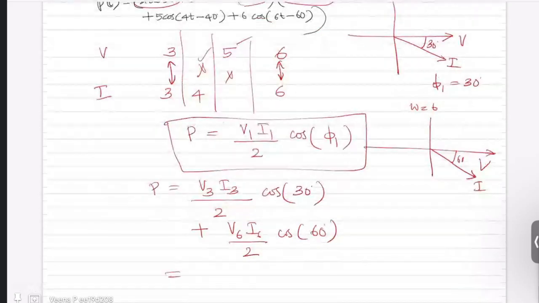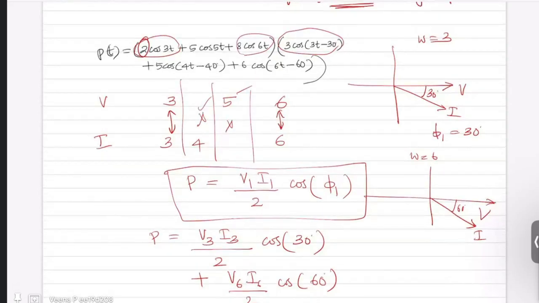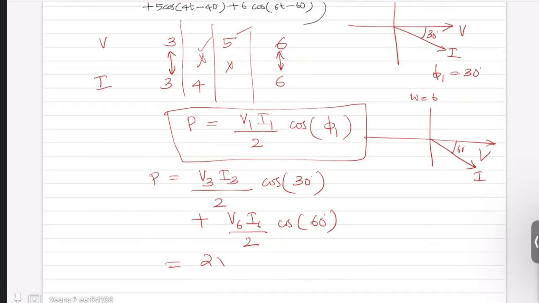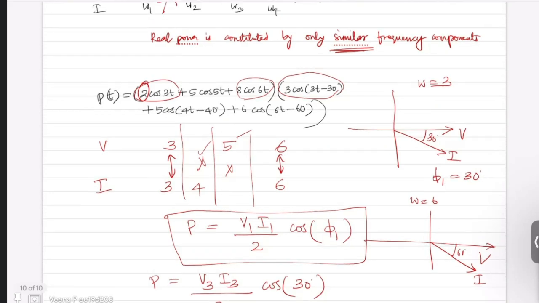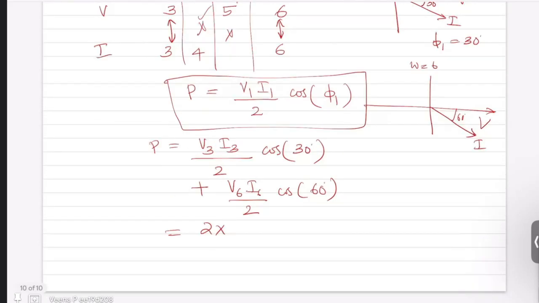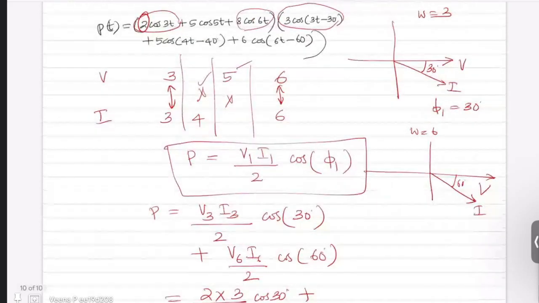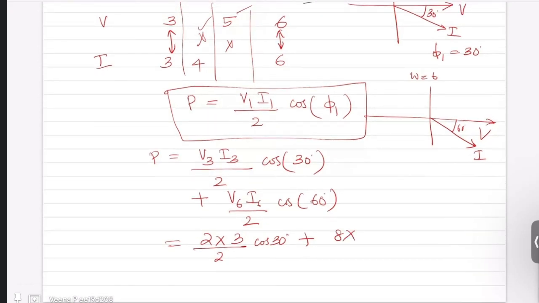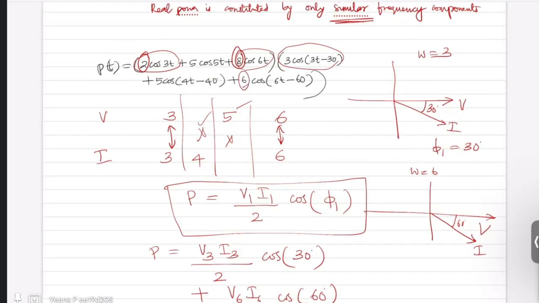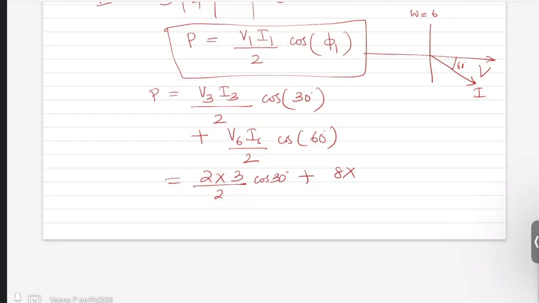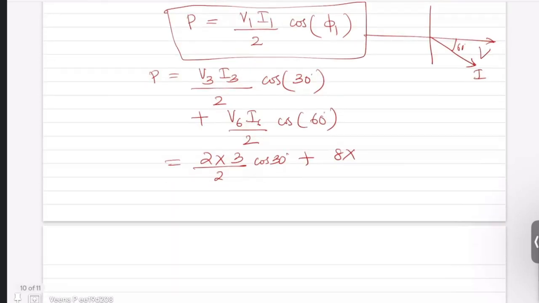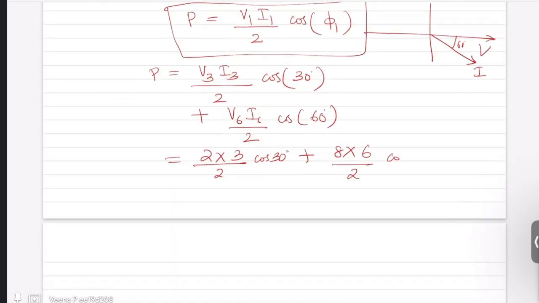Now what is the value of V3? V3 is the peak for omega equal to 3, which is 2, times I3, the peak for omega equal to 3, which is 3, divided by 2 cos 30, plus V6, which is 8, times I6, which is 6, divided by 2 cos 60.